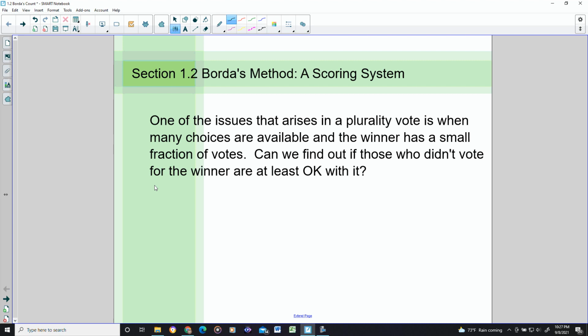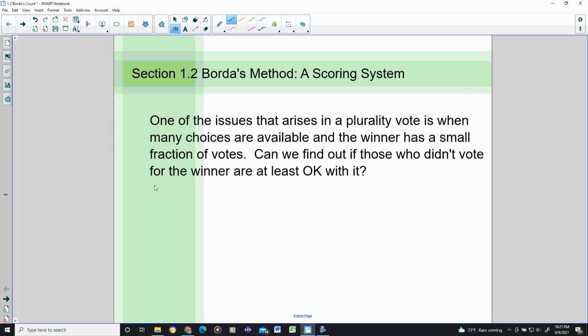And if they do, then they may be a preferred candidate, even to one that has more first place votes. One of the issues that arises in the plurality vote is when many choices are available and the winner has a small fraction of votes. So this is that Georgia runoff example where the winner only has 19% of the votes.